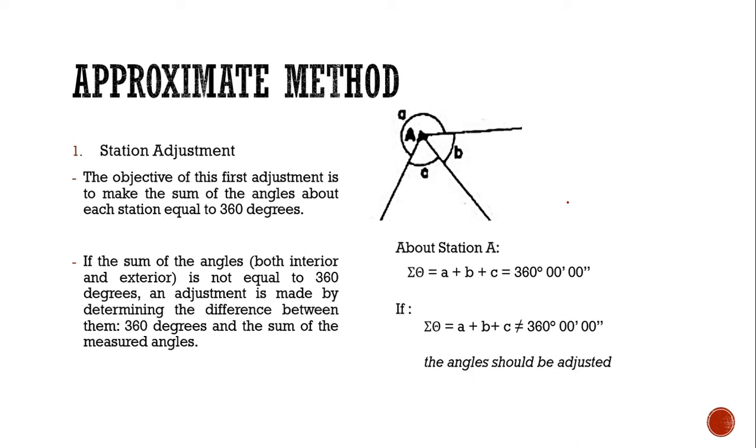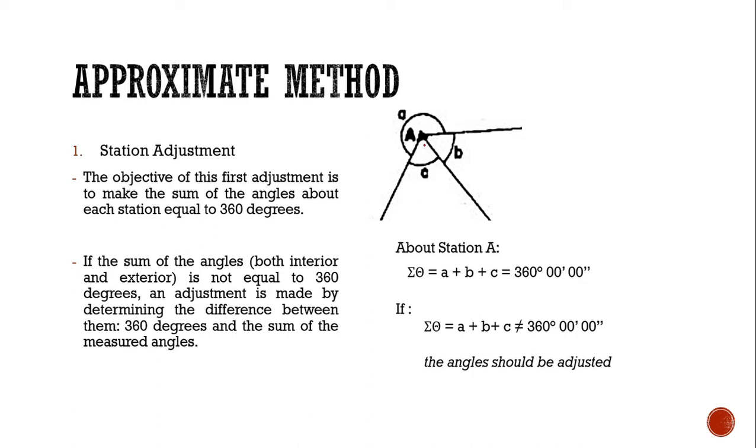So this method involves two steps. First is the station adjustment to be followed by the figure adjustment. In station adjustment, its objective is to make the sum of the angles about each station equal to 360. Why is that? So here's an example.